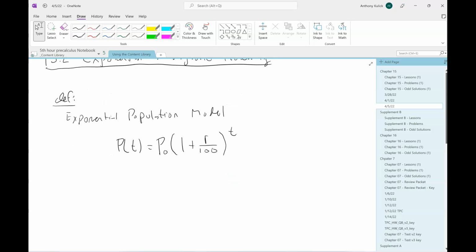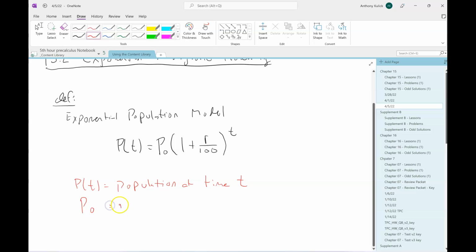So the exponential population model, we have P of t equals P naught times the quantity 1 plus R over 100, all to the t. Our P of t is the population at time t. P naught would be our initial population.